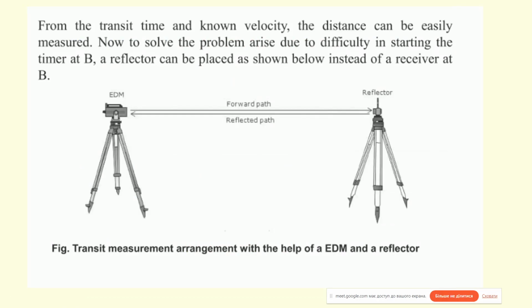From the transit time and known velocity, the distance can be easily measured. Now, to solve the problem arising due to difficulty in starting the timer at B, a reflector can be placed as shown below instead of a receiver at B. So we measure the distance twice, forward pass and reflected pass.